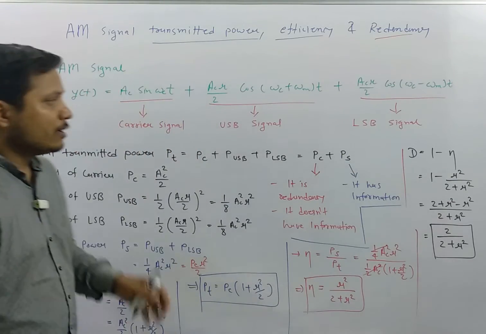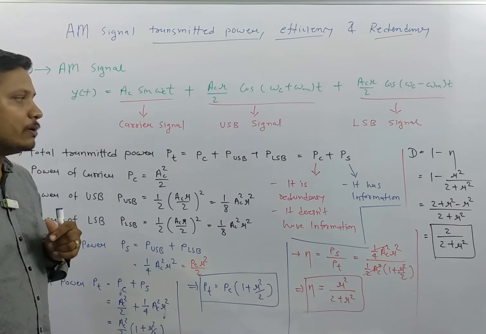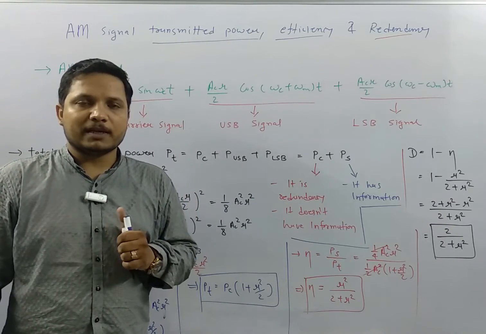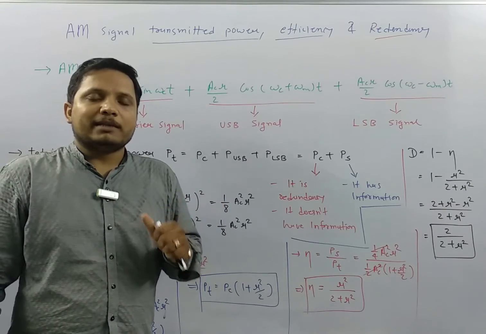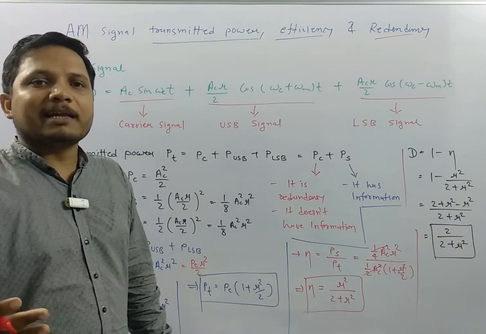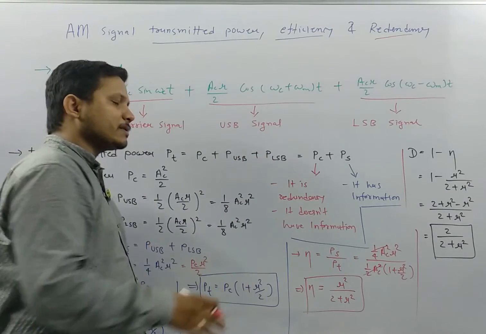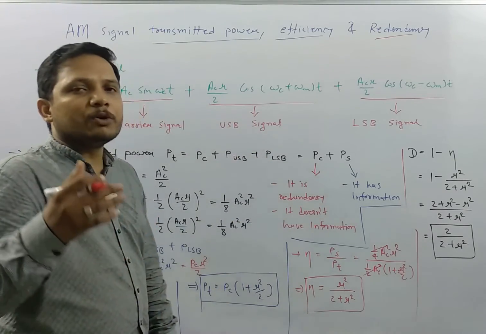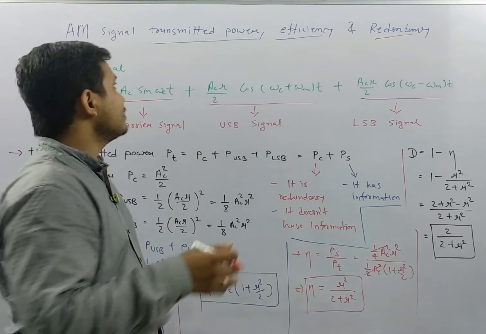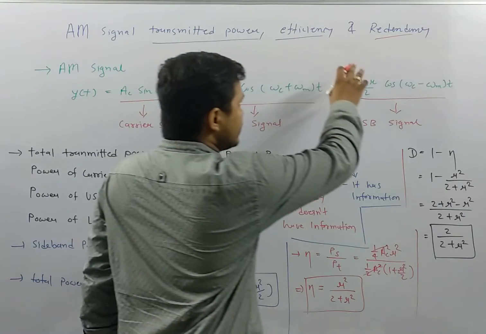Now see, these formulas are very much helpful to you to solve problems based on AM signal. So in the next few sessions, you will be observing examples that I will be placing based on these equations. So that will be more clear to you to understand how to solve problems for amplitude modulation, for calculation of transmitted power, efficiency and redundancy.